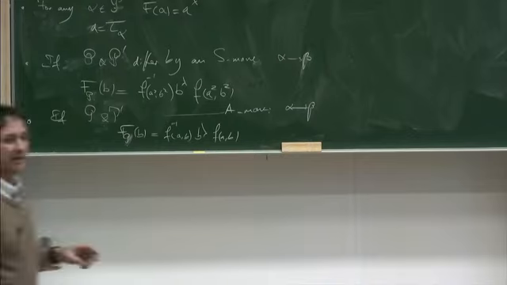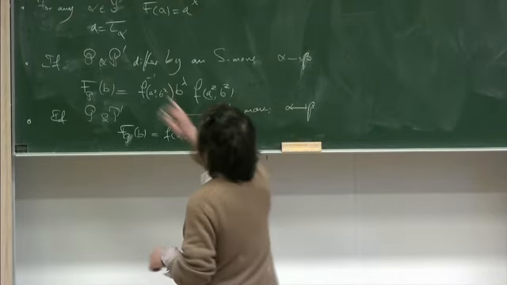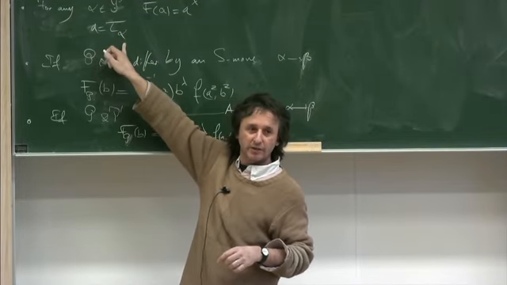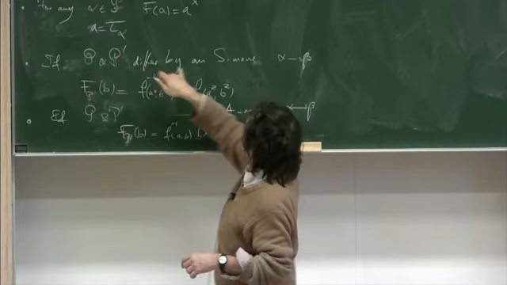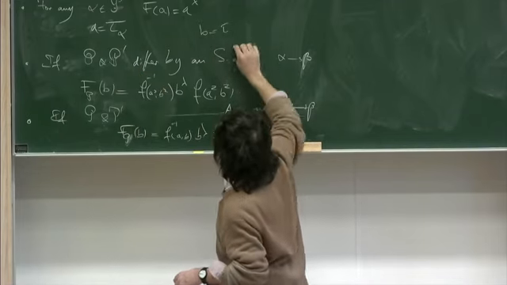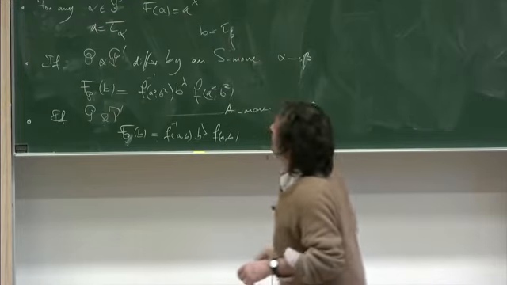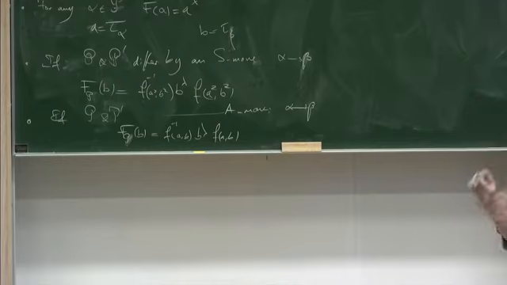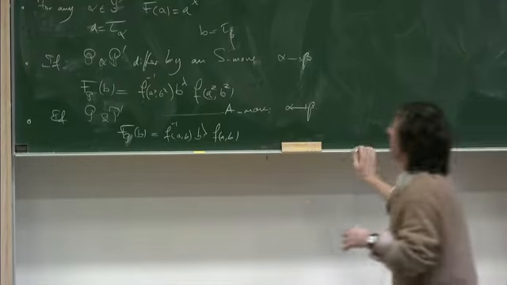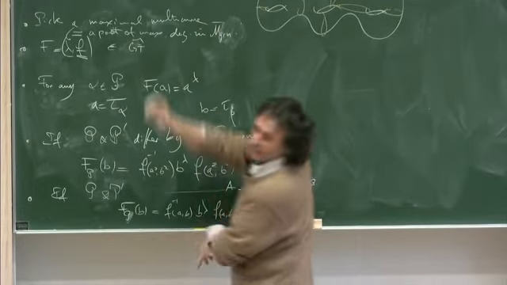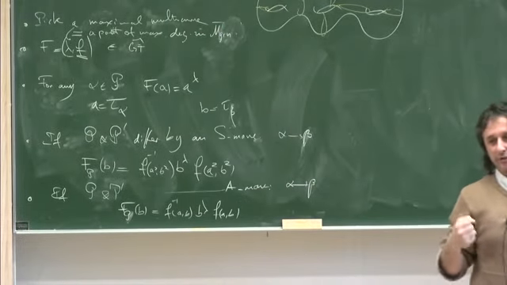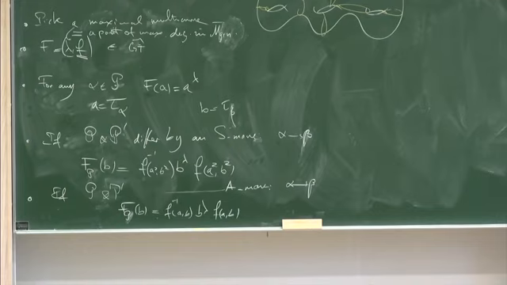What is tau alpha? Tau alpha is the Dehn twist on alpha. So again, B is tau beta. So this is generated by Dehn twists. I want to give you a recipe which will compute the image on any Dehn twist.